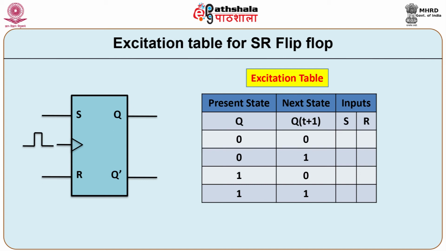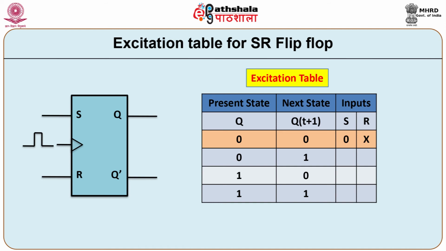Let us now prepare the excitation table for SR flip flop. In order to obtain the excitation table of the flip flop, it is necessary to list all possible present states and the next states and obtain the input conditions to generate such state change. If both present and next states are equal to 0, then SR inputs should be 0 x.